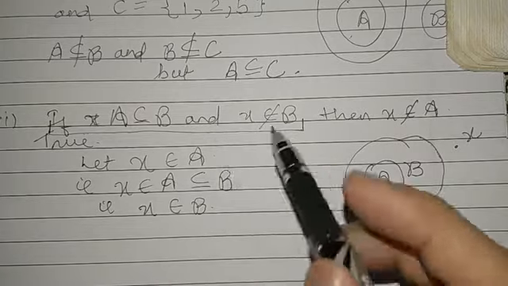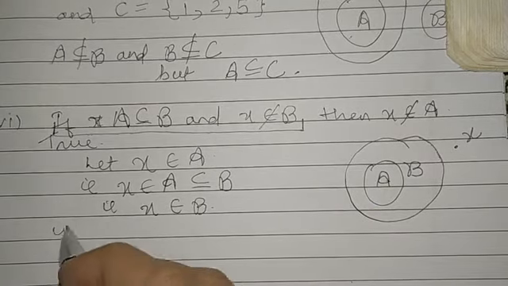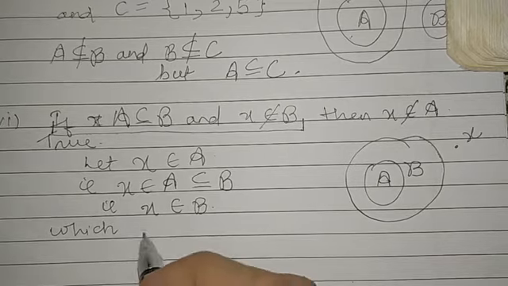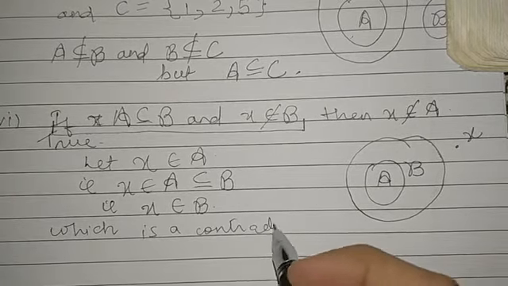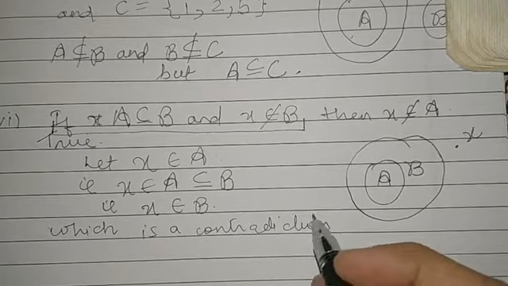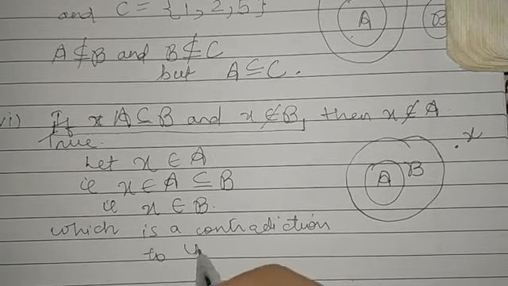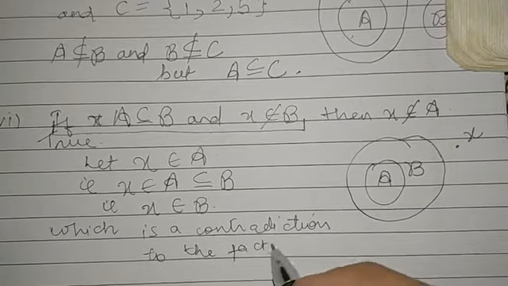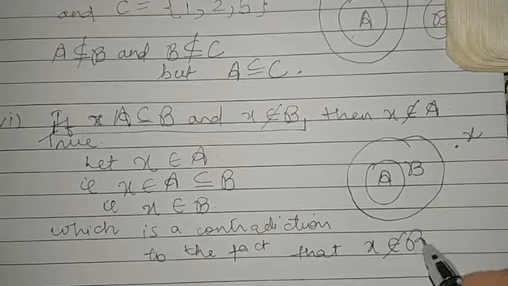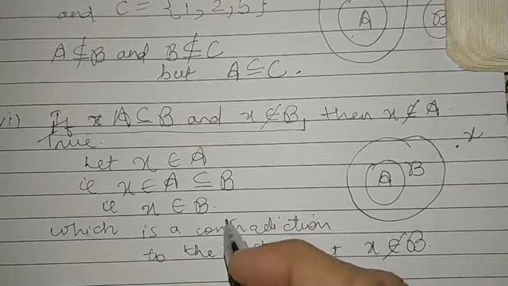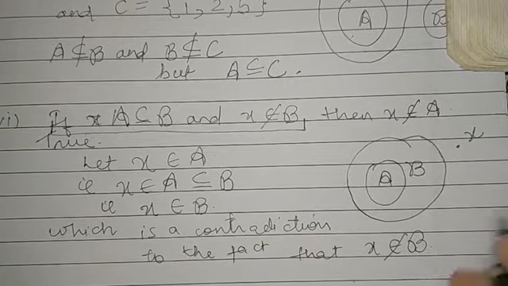This statement should be satisfied, which is a contradiction to the fact that x doesn't belong to B.